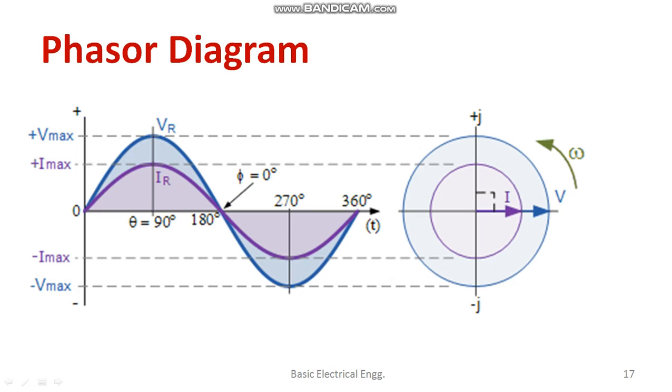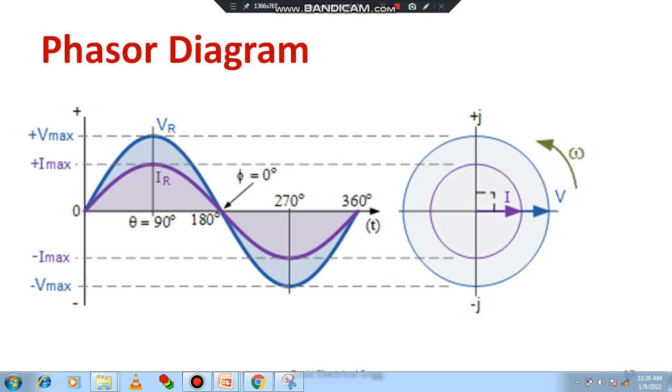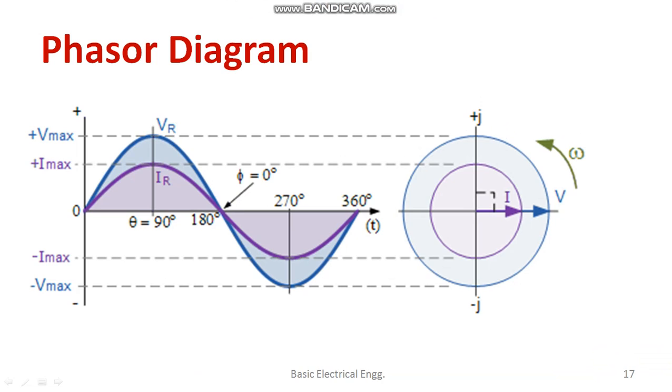Look at the peak value of VR, this is your Vmax, and the second one is Imax. Both start at 0 degree, the half cycle completes at 180 degree, and the full cycle completes at 360 degree. So the phase difference phi is equal to 0. This is another notation.